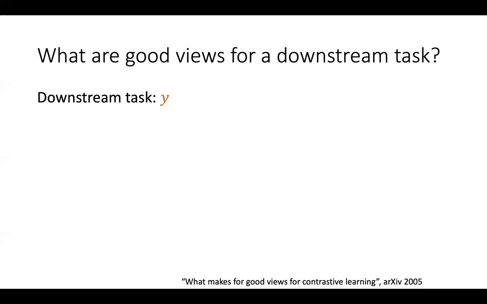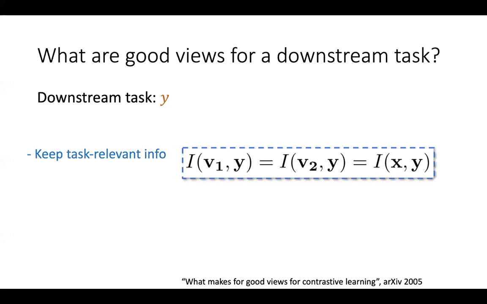We have some theoretical claims there, but to just give the gist of it, suppose you have a downstream task which has label Y. Suppose we know the label Y. And then you construct V1 and V2, two views from the input data tensor X. For example, X can be an image, and V1 and V2 are two augmentations of X. Also, X can be the joint tensor of audio and visual, and V1 can be the visual part, and V2 can be the audio part.